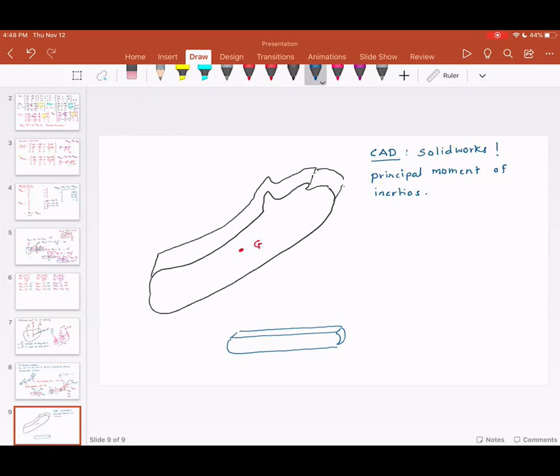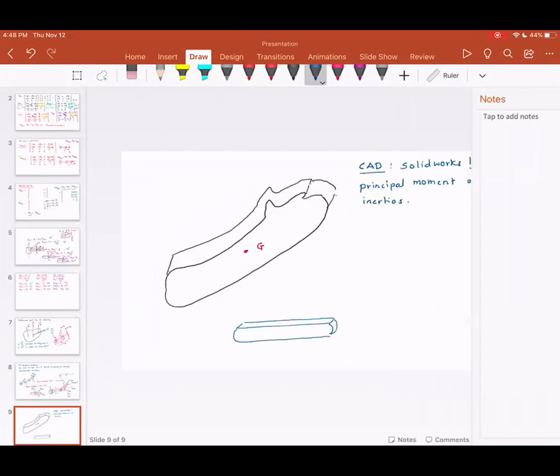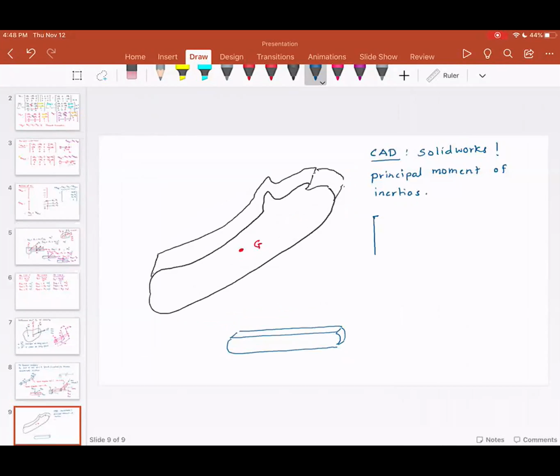And what is the concept behind principal moment of inertia? Principal moment of inertia is actually called a tensor. So this is called the tensor.